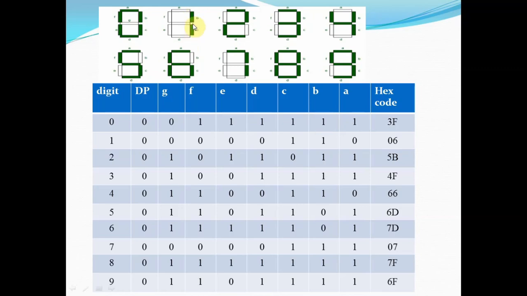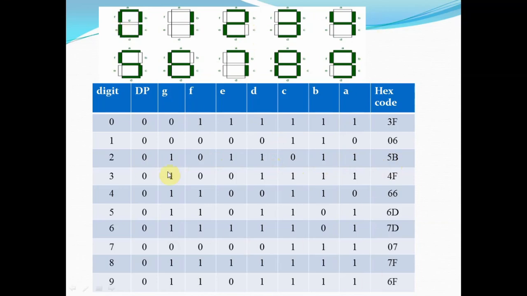Similarly, if you want to display the number 1, only B and C we want to turn on. So only B and C will be 1, and all the rest will be 0, which gives you a code of 06. Similarly, in case of the number 2, you have to turn on segments A, B, D, E and G, and the rest will be 0, which will give you a code of 5B.